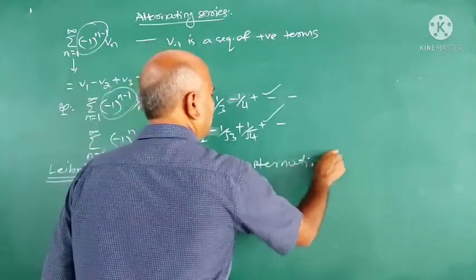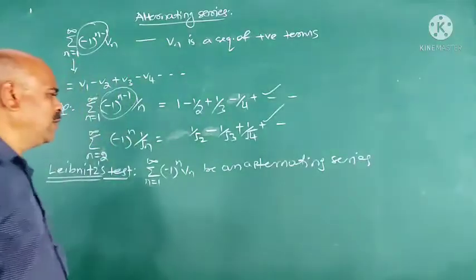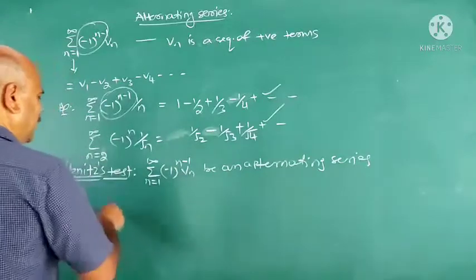Understand this, we apply it to the problems. Suppose sigma minus 1 raised to n minus 1 Vn is an alternating series.